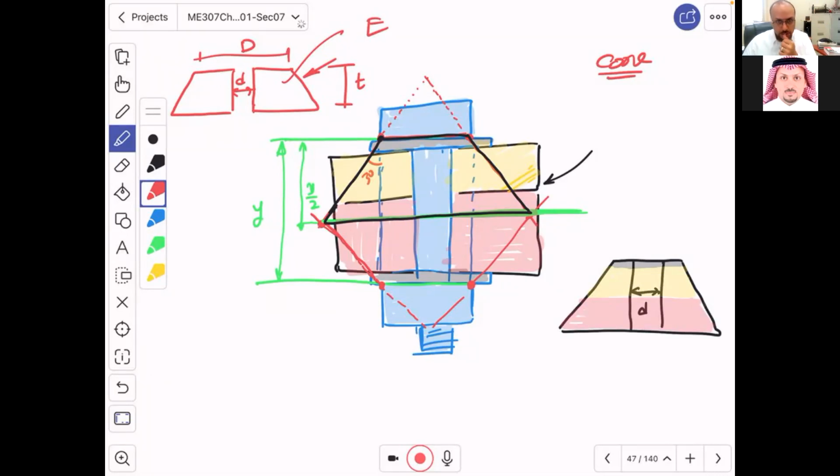Maybe, if you are lucky, the washer will have the same modulus of elasticity like the yellow or the red. But for now, we have a gray, we have yellow, we have red. So this is the problem. You cannot deal with one frustum made up from different material.